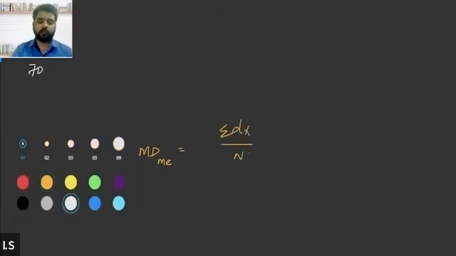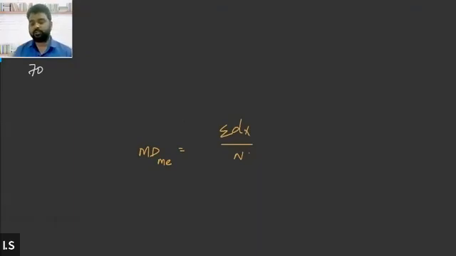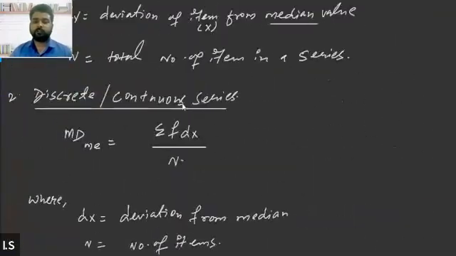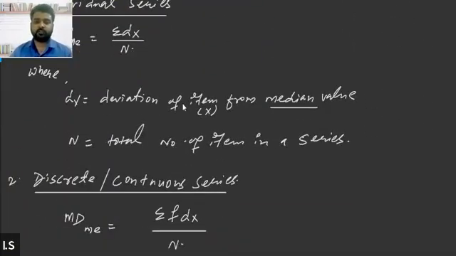Now, we need to understand what dx is in the formula. dx means deviation of item from the median value. This is how we calculate it: x minus median.